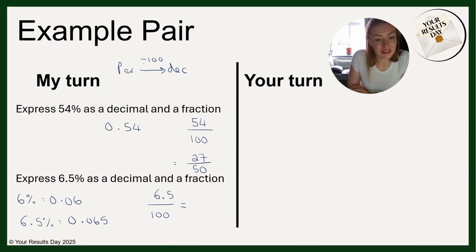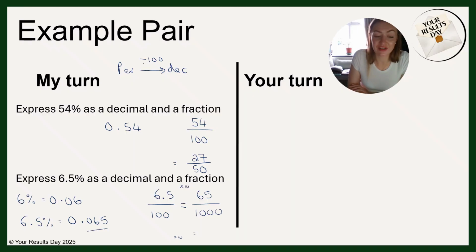But what we need to say to ourselves is if we don't want this decimal, we've got to multiply the top by 10. So I've times by 10 to get rid of that decimal, which means our times by 10 on the bottom, which will be 1,000. Now that answer is perfectly fine. Again, like with the previous one, if you think of this as no tenths, 6 hundredths and 5 thousandths, altogether you've got 65 thousandths.